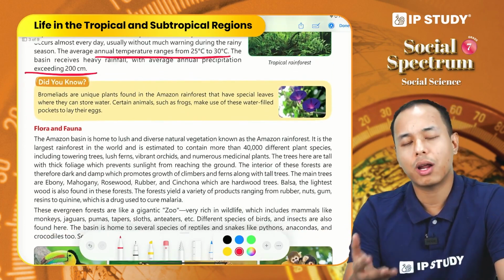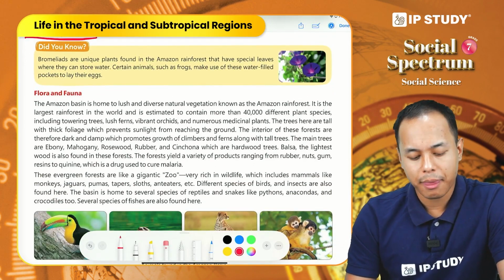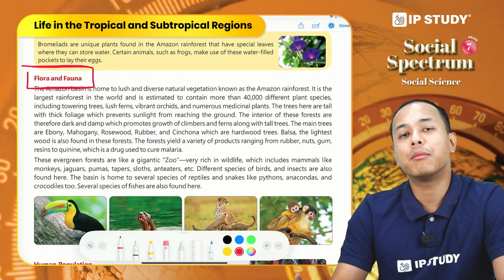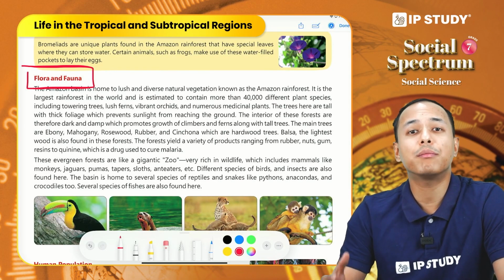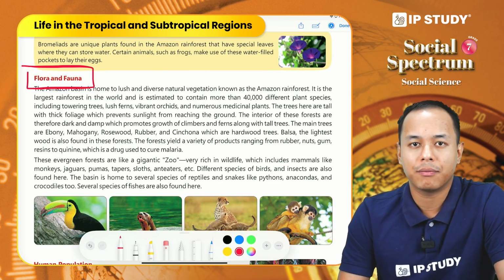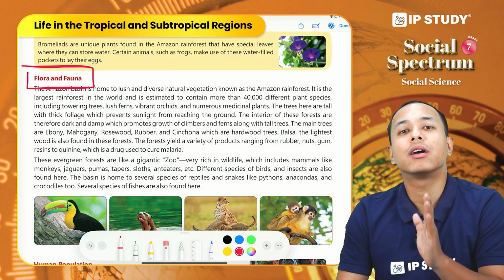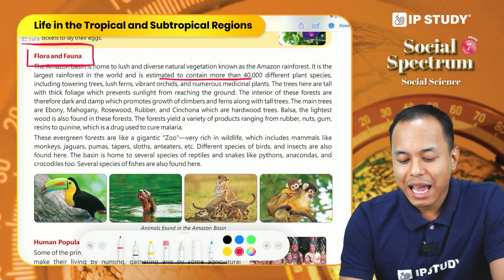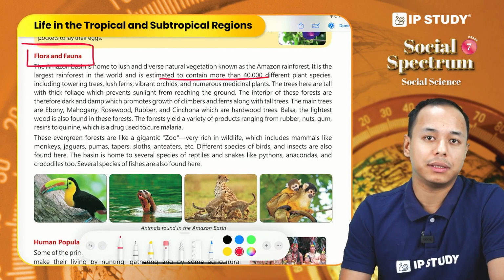So now let us discuss the flora and fauna of Amazon basin. As we all know, Amazon basin or the Amazon rainforest is also called the lungs of the earth because of the presence of dense rainforest that purifies the air. So Amazon basin has a diverse flora and fauna. It is estimated that it contains more than 40,000 plant species.